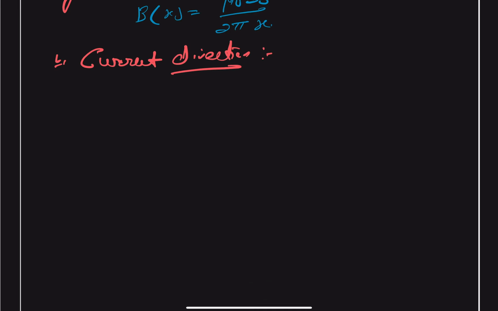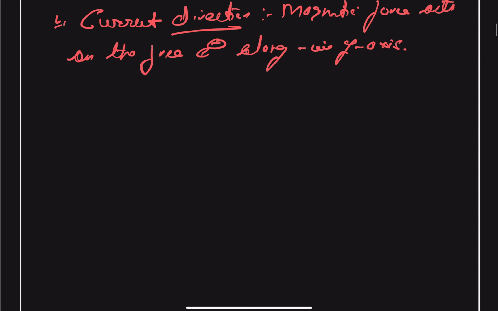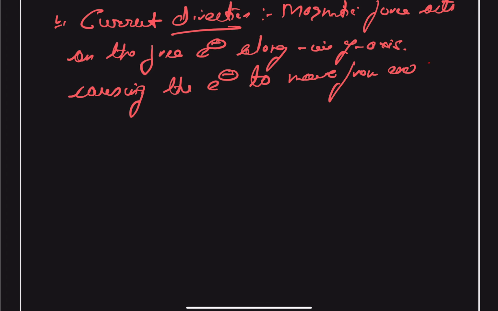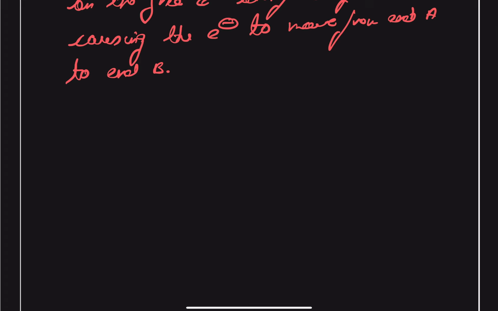The magnetic force acts on the free electrons along the negative y-axis, causing electrons to move from end A to end B. So therefore end A becomes positive and end B becomes negative.